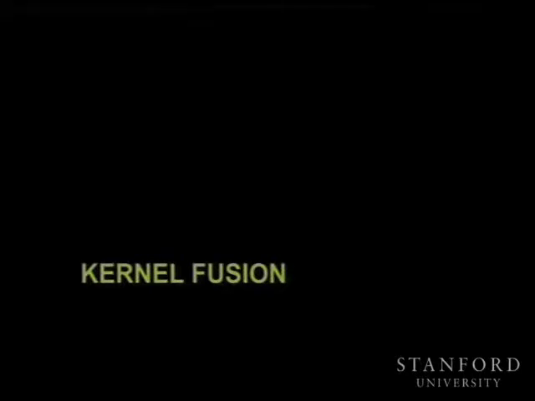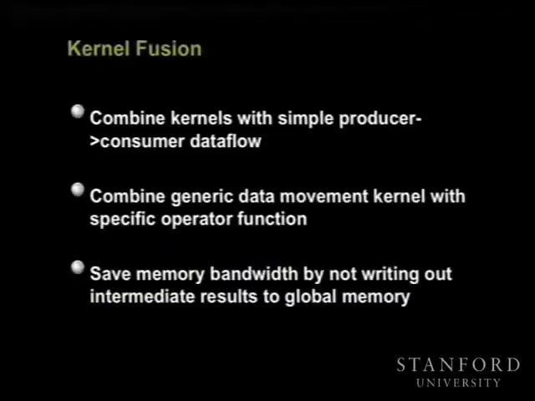So finally, I'm going to change tracks and talk about kernel fusion. Kernel fusion is the idea that you're doing something in kernel A and something in kernel B, and if the way the data from kernel A is passed on to kernel B is very straightforward, like all the inputs at index I from kernel A get passed to the same index in kernel B, and that outputs one value, why don't you just combine A and B into a single kernel?